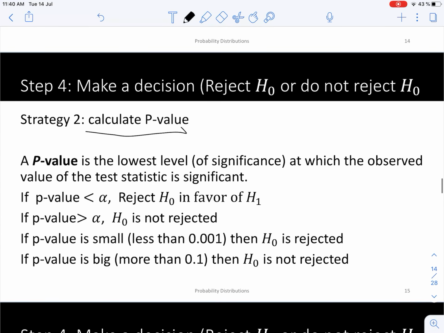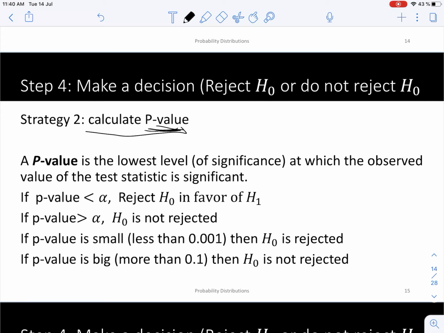There is a second alternative, which is called the p-value, and I would say that this one is more popular, especially when you're using software. It is the fastest way to make a decision. To get the p-value, which is a probability, you need to know where the rejection area is located.